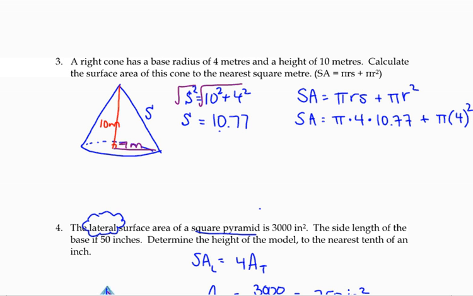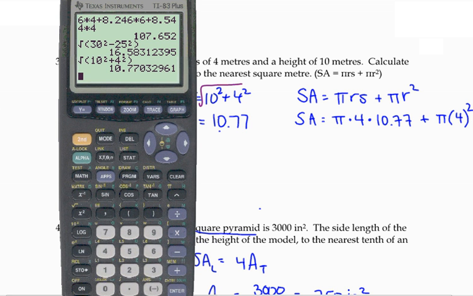So the pi button is right where that hat is, right here. You have to push second, so second hat. In math, we call it a hat. Times 4 times. Now, instead of typing 10.77, what can I do to keep my answers perfect?